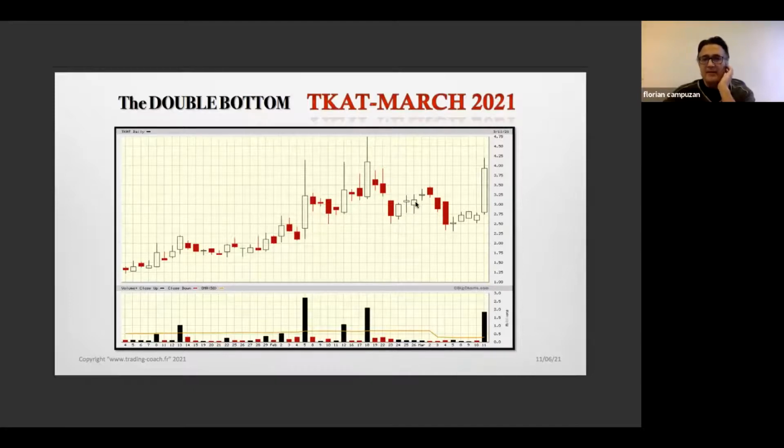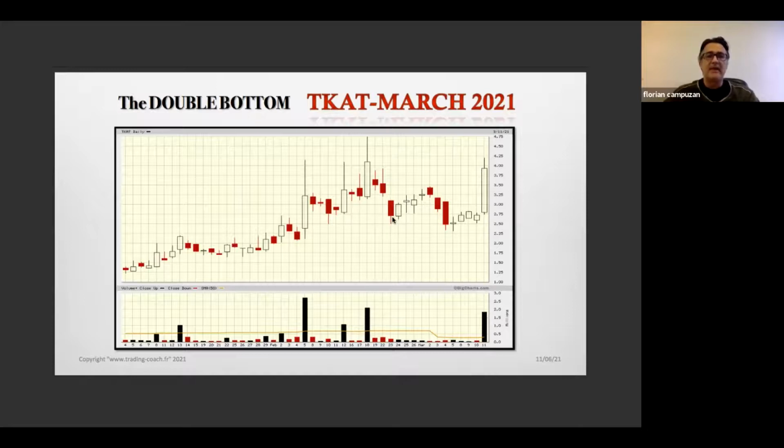This is often a sign of accumulation. Okay, and here the bull strength is not enough, and the stock falls abruptly under the preceding relative low here.